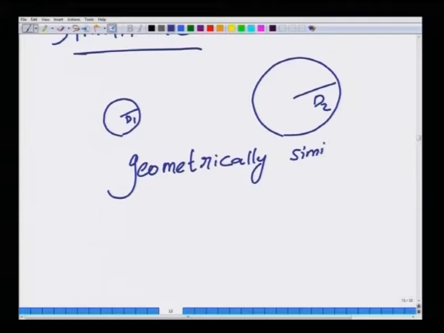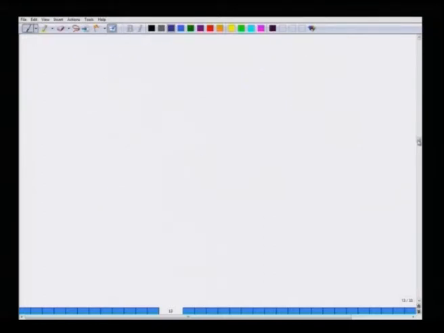That is, both are spheres, although the diameters of the spheres are different, but both are the same geometric objects. Now, I am going to change the problem slightly.